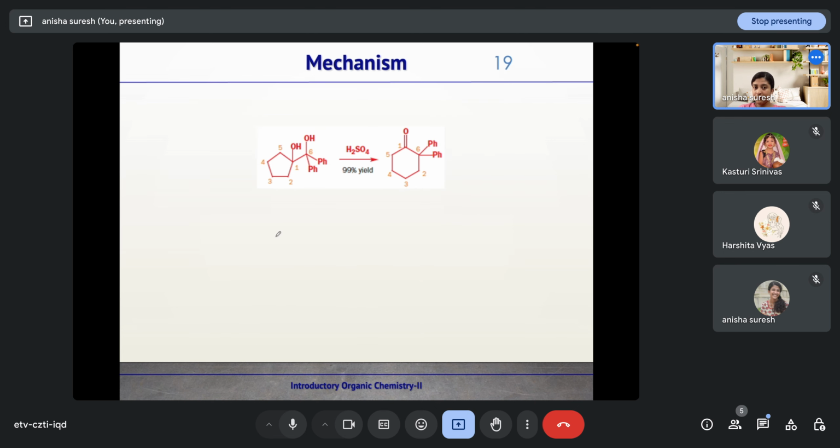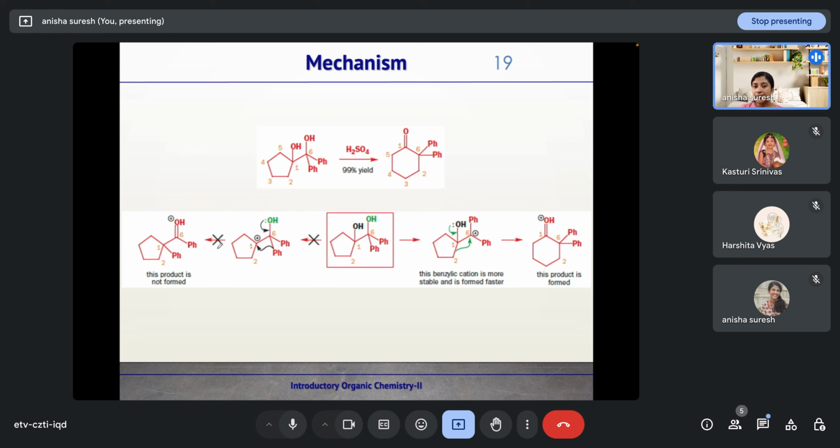So coming to the mechanism, there are two possibilities. Either this can get protonated or this can get protonated, right? When this gets protonated, this OH2 will get removed and this carbocation will be formed. It is a tertiary carbocation, and then this phenyl group can migrate when the oxygen lone pairs come.